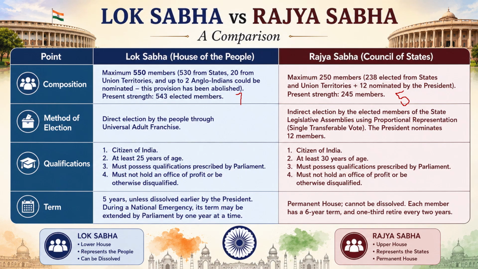So few will be retiring now, and after 2 years, we'll see a few retiring, and after another 2 years, a few more. So after every 2 years, the indirect election happens to get one third of the members. So it's a tenure of 6 years.